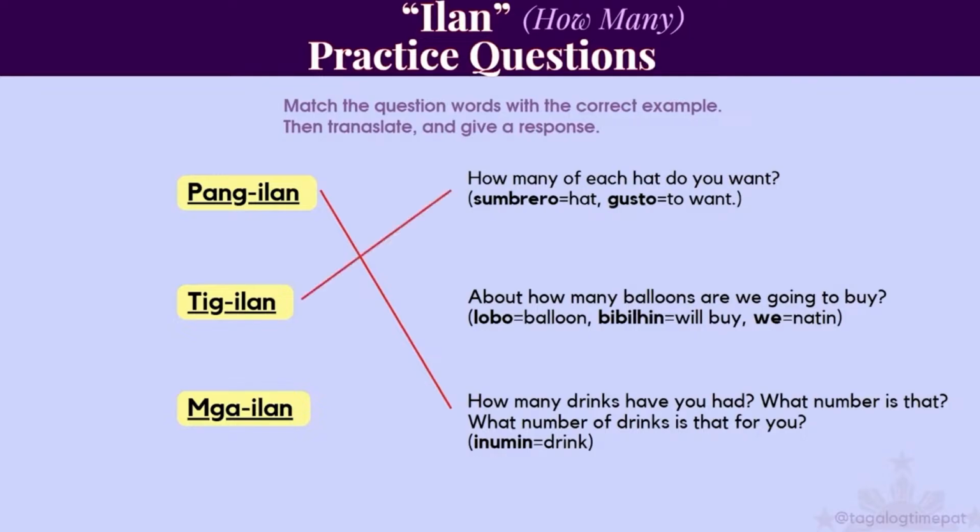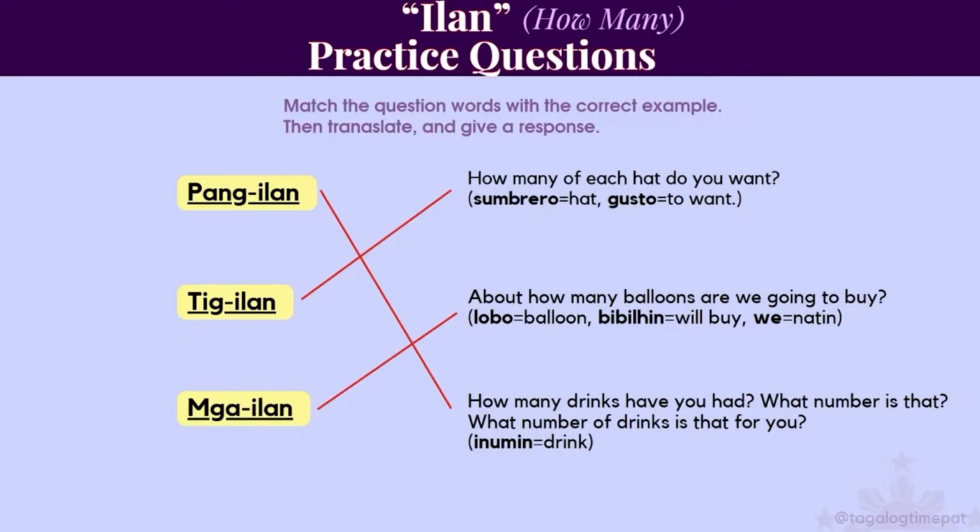Tig-ilan would be how many of each hat do you want? So it's asking about the amount of each. Mga ilan, about how many balloons are we going to buy? So it's an estimation. We don't know exactly. It's just about how many do you want. Okay, so hopefully you were able to match them.